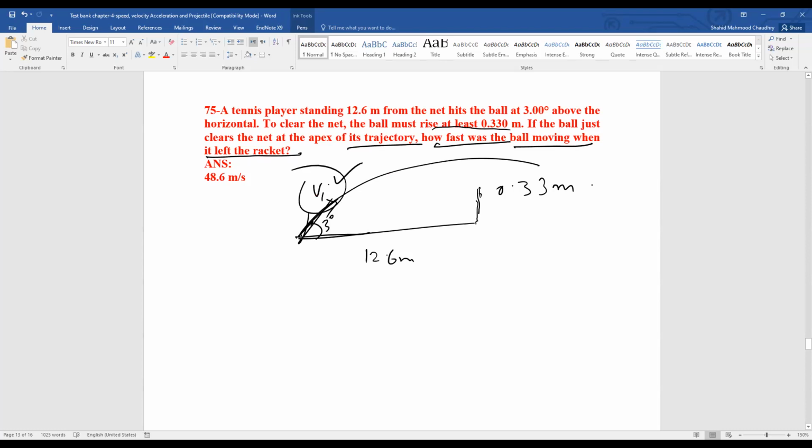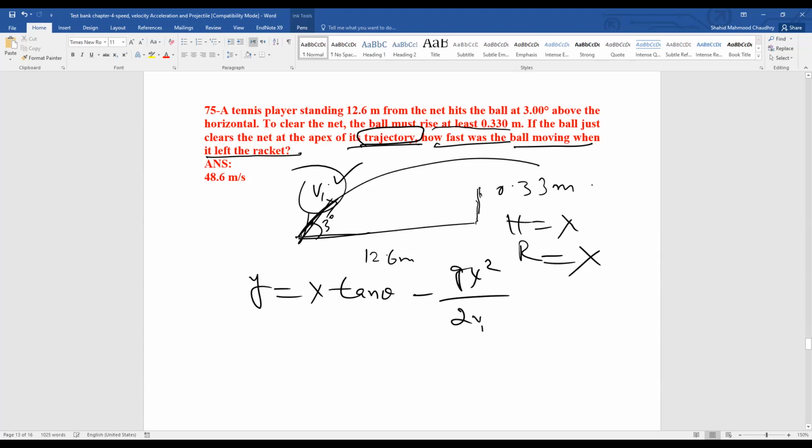Here you can see that we have different formulas, but the maximum height formula we cannot apply, and the range formula we cannot apply. So this is the trajectory. For the trajectory, we will use this formula: x tan theta minus g x square over 2 Vi square cos square theta.